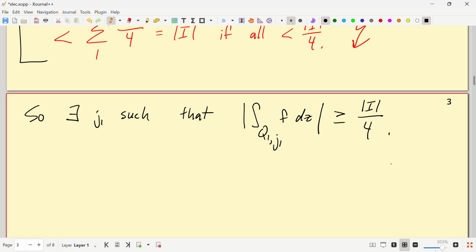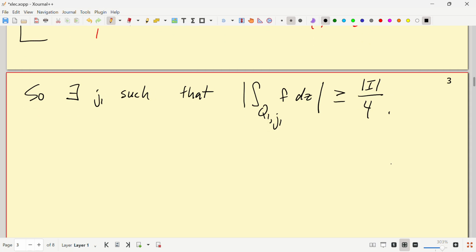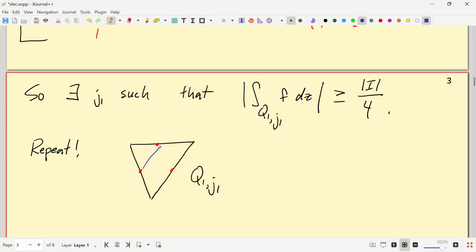Okay, so now the idea is to repeat this. Now I have a triangle. Let's say it's that middle one. Then it would look upside down. Let's say this is Q1, J1. Then I do the cutting. I take the midpoints again and cut this one up and do the same business.